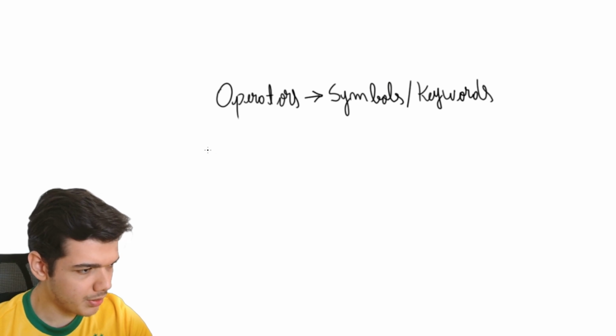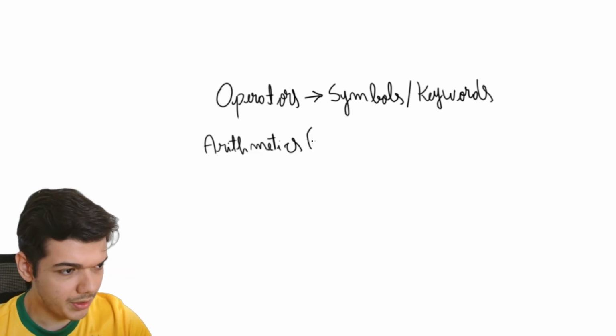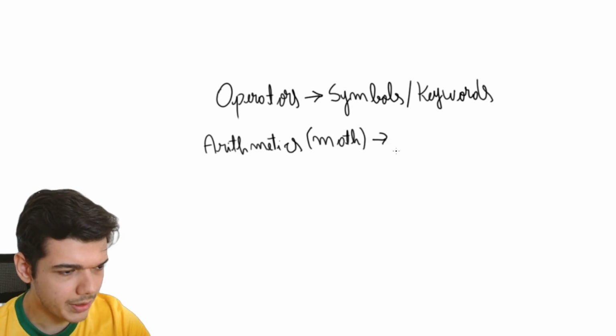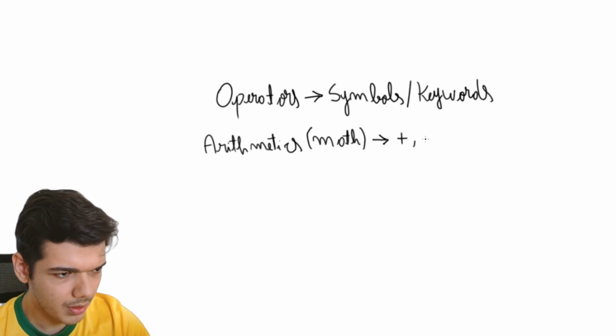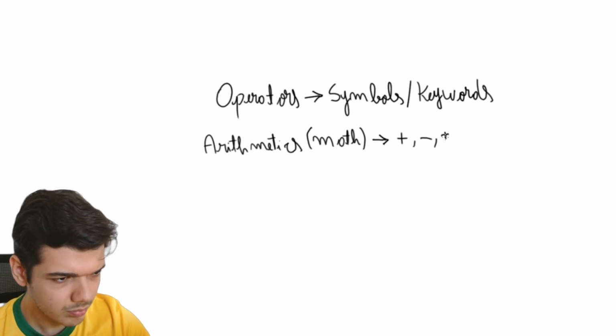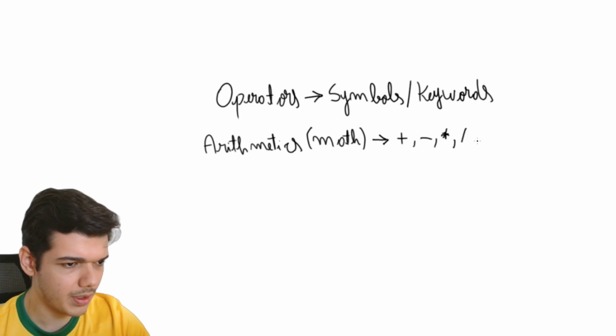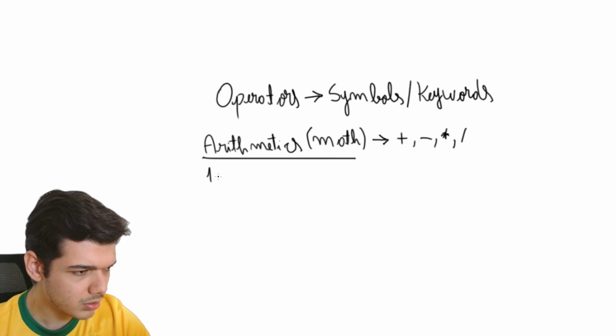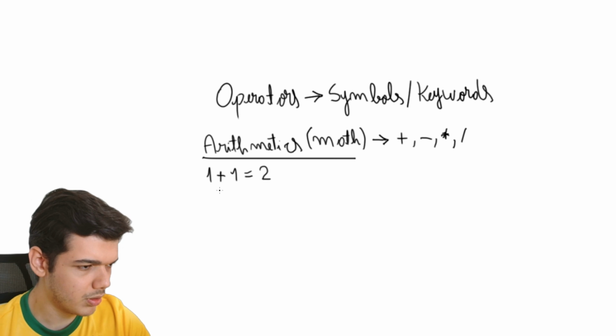The first one is arithmetic, that are math operations like adding, subtracting, multiplying, dividing, and many others. Let's make an example. 1 plus 1 equals 2.